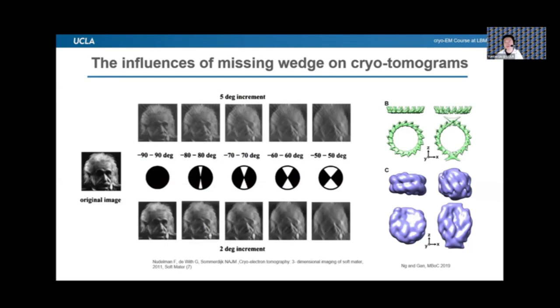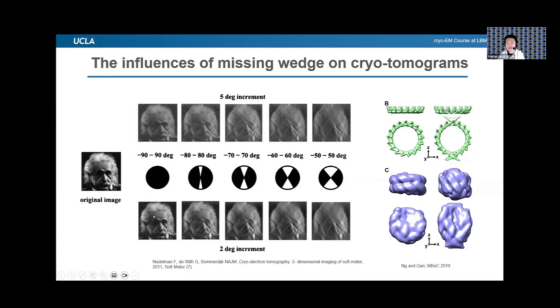This is an example of the missing wedge problem in a cryo-tomogram. For example, this is the original image, the Einstein image. If you tilt the sample with 5 degree increments, the first one covers the entire 180 degrees, and gradually you remove the data at high tilt, down to -50.